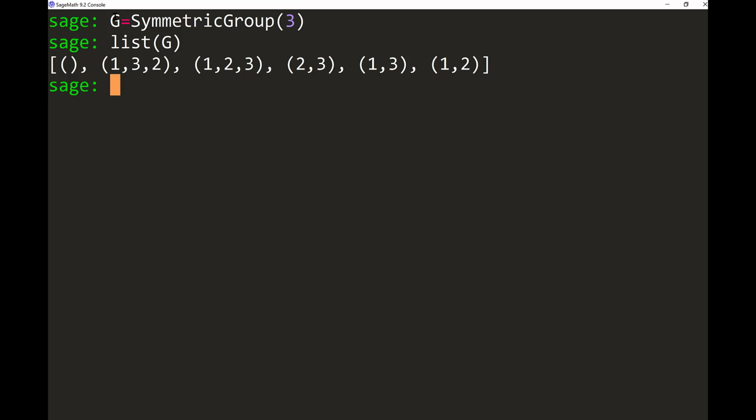The way it has listed the elements looks slightly different, so let's get used to writing these elements in a different style. Elements of a permutation group in a different style.